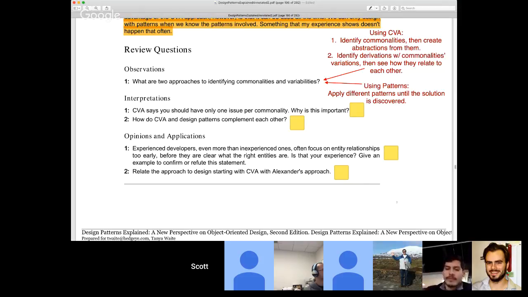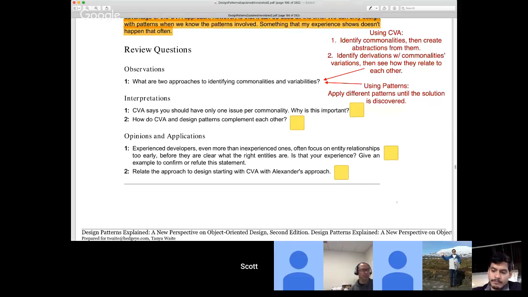Relate the approach to design starting with CVA with Alexander's approach. Having read Alexander's book, I think he falls very hard on the CVA approach, and then dropping into patterns when you can.